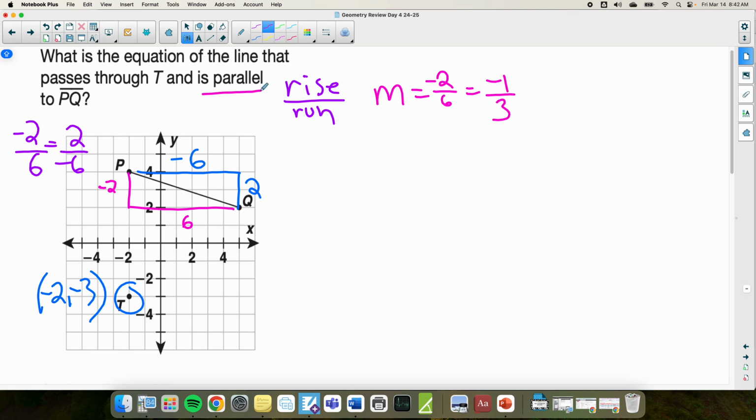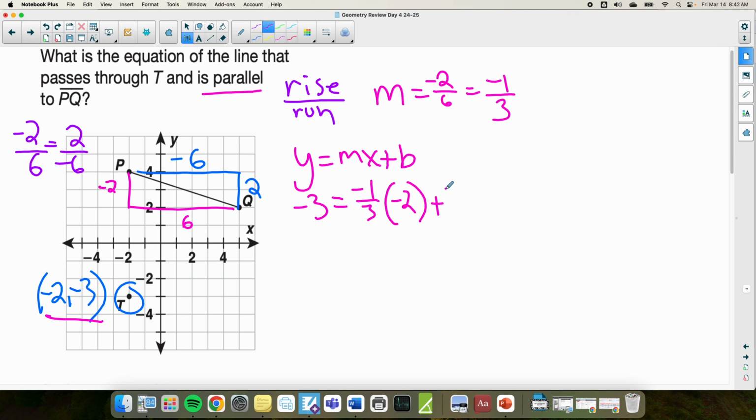And we want a line that's parallel, so we don't need to do anything with that. And we have our slope and our point, so we can put it into y equals mx plus b. Plug the y value in, negative 3 equals negative 1/3 times negative 2 plus b. This will turn into a positive 2/3. And subtract 2/3.